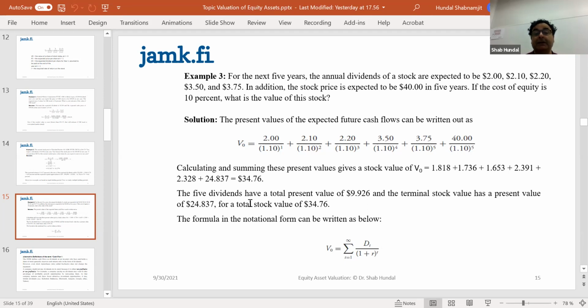So you can actually split this up. 34.76 is the total value, but if you only focus on the dividend stream, then the present value of the cash inflow would be 9.926 of dividends. So the value which belongs to the stock would be 24.83. You can do these basic operations.